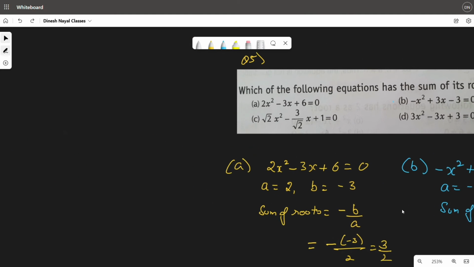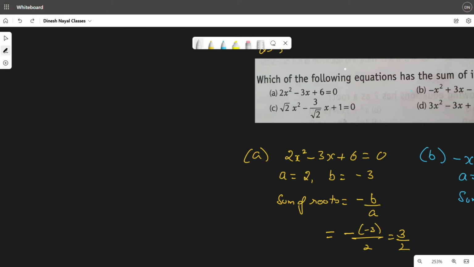Writing the C part, this is root 2 x square minus 3 upon root 2 x plus 1 equals 0. Now what we can do is multiply throughout by root 2. So root 2 will become 2x square, and in this case root 2 will get cancelled, minus 3x plus root 2 equals 0, because 1 into root 2 is root 2.